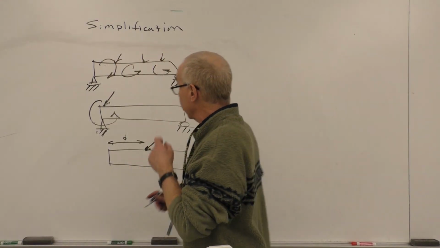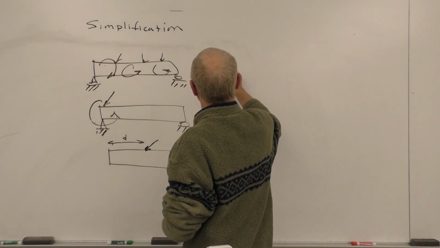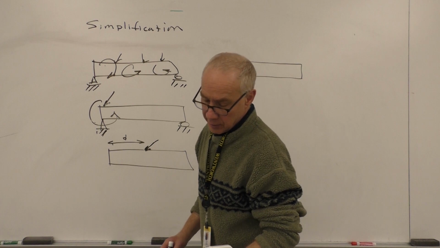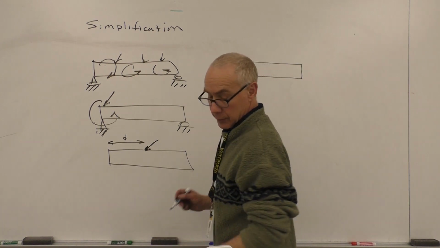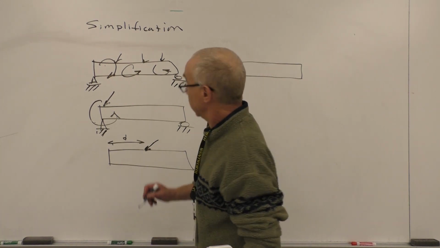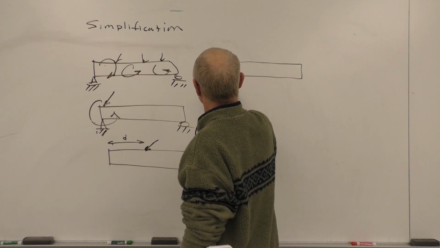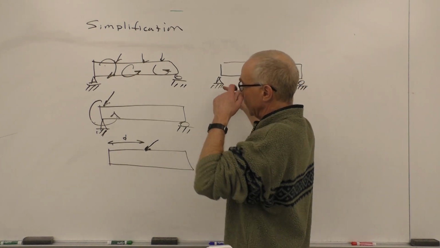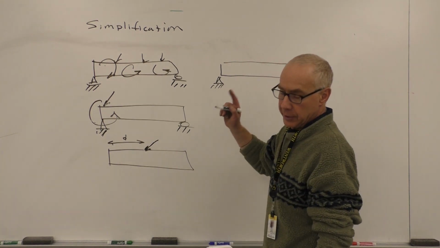In this case, we're going to have a very simple beam. It is 6 meters long, and it's supported by a hinge over here and a roller over here. That's very typical, hinge and roller; we'll talk about later why.